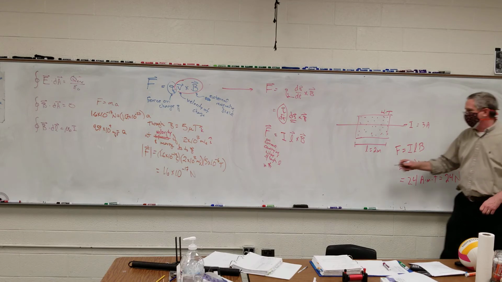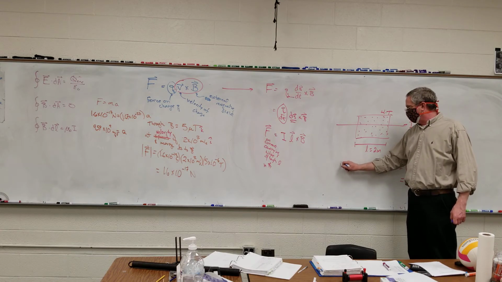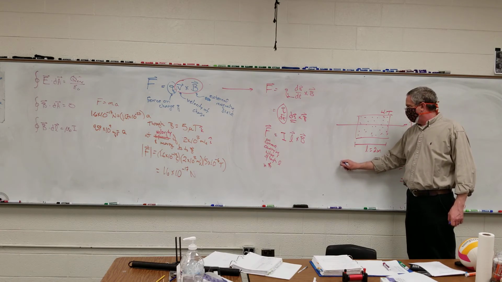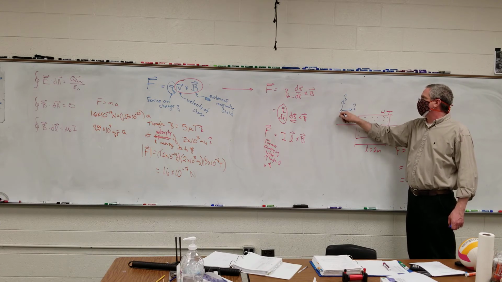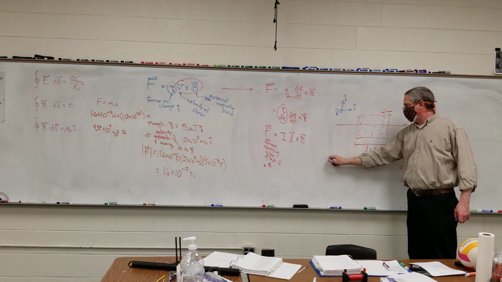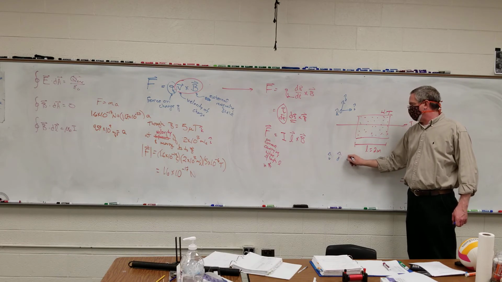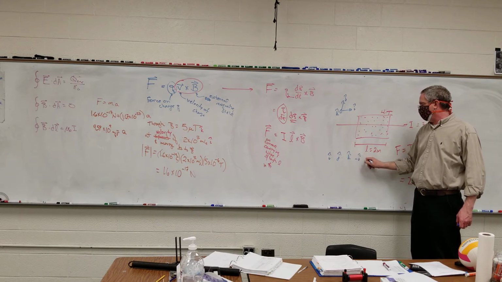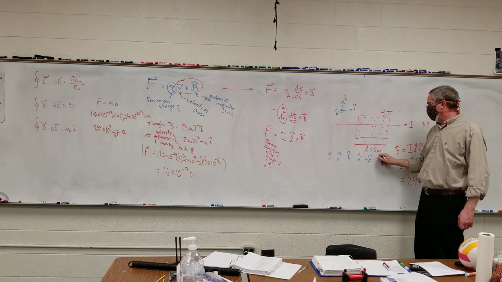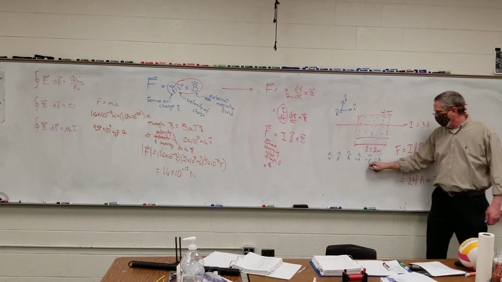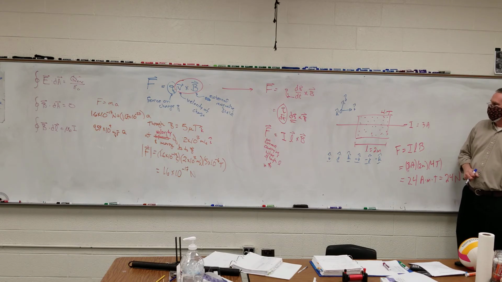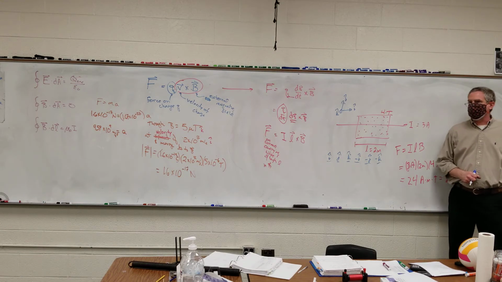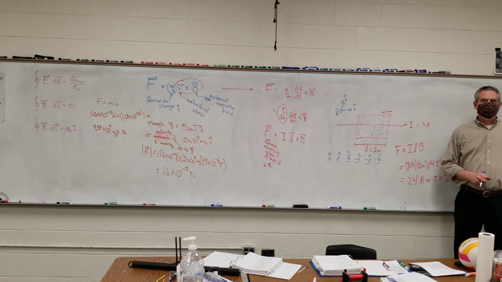All right, so now let's set up a coordinate system here. I, J, and then of course K coming out of the board. And so my choices are I hat, J hat, K hat, negative I hat, negative J hat, negative K hat. So there's 6 possible answers. Who says it's going to be forced to the right in the I hat direction?